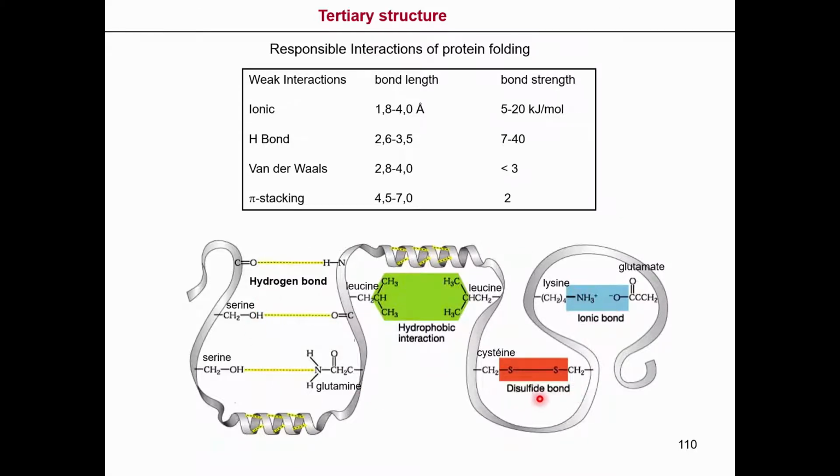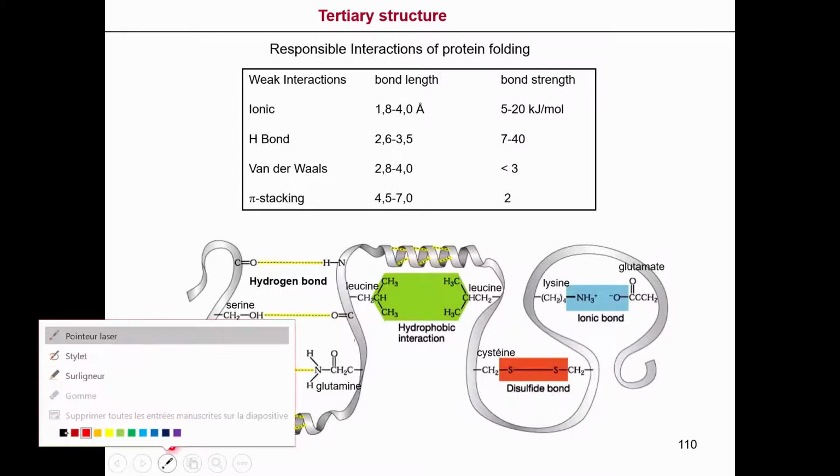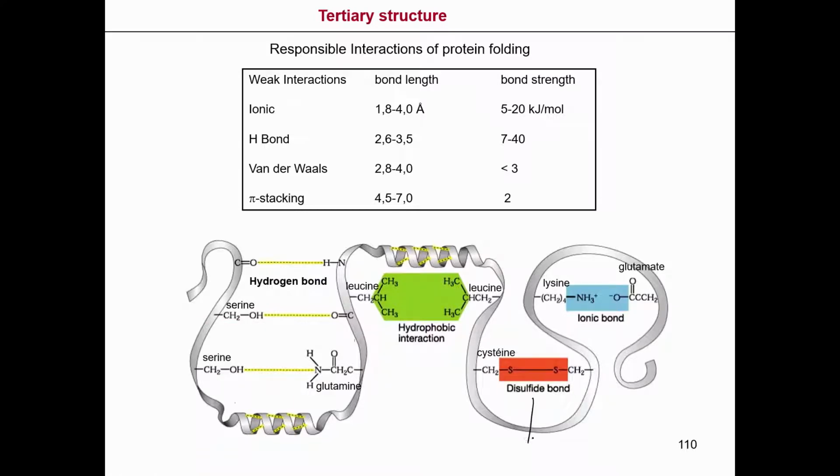You have disulfide bond, ionic bond, hydrophobic bond, hydrogen bond. Which is the stronger one? The disulfide bond? Yes, correct, because it's a covalent bond. So it's a stronger interaction.